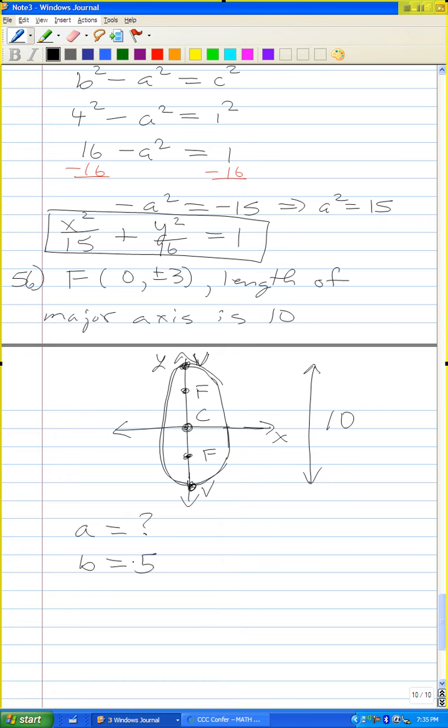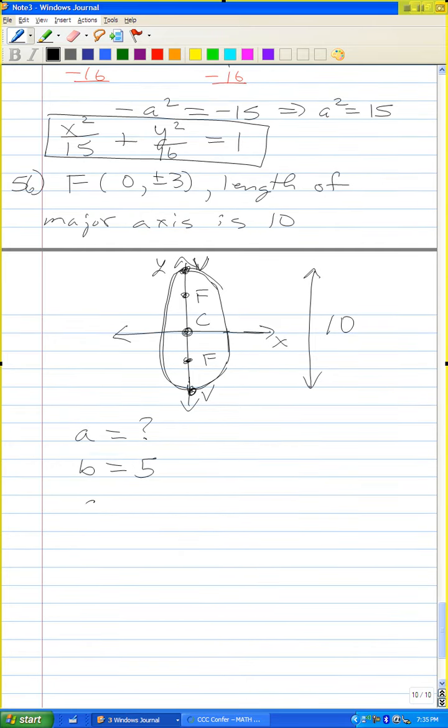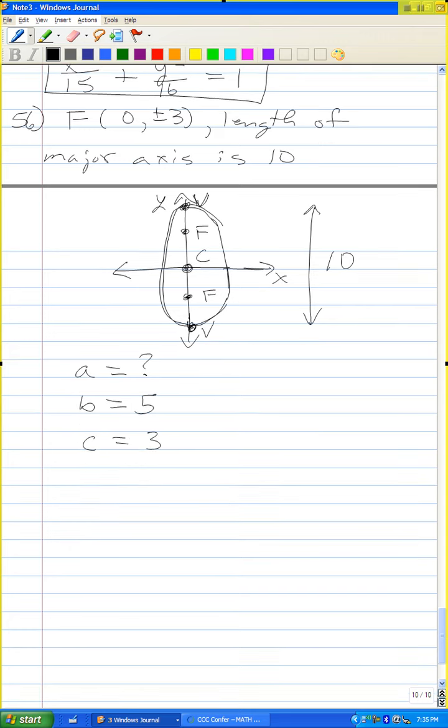So b is 5. And c, well, the foci are located at plus or minus 3. And so let's figure out what a is. Well, b squared minus a squared is c squared.